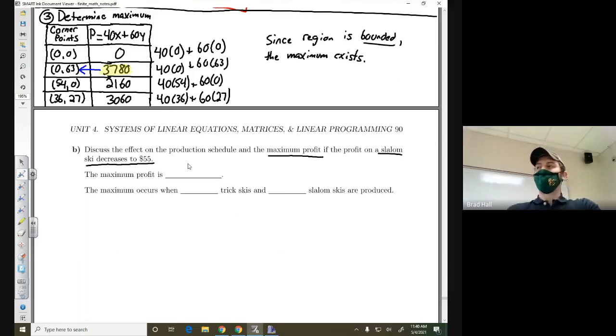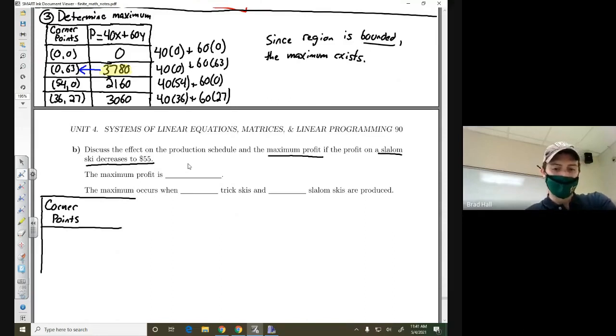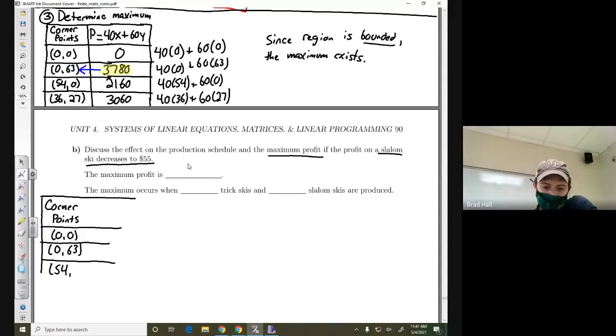So what that's ultimately saying is, keep all of the inequalities, and with that, keep all the corner points. I'm going to reconstruct that part of the graph, the table here. Again, we're not changing the graph. We don't have to redraw a graph or anything. We're going to have a different table, the same corner points though, because we have the same inequalities.